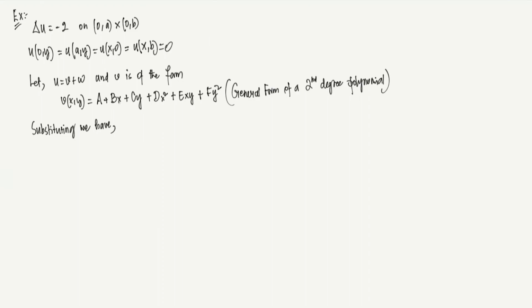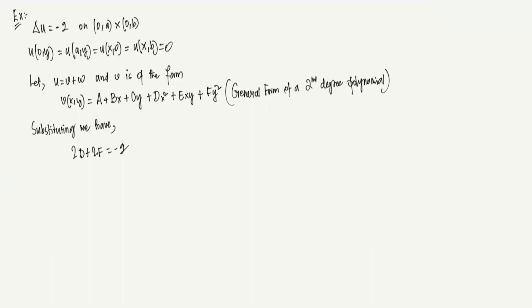So v is a particular solution, and v should solve this equation, so we have to substitute it here. If we do the substitution, we get 2d plus 2f equals -2. This is 0, this is 0, this is 0, this is the twice derivative with respect to x, and this the twice derivative with respect to y. If you put everything together, you will see that what I wrote is correct, right?